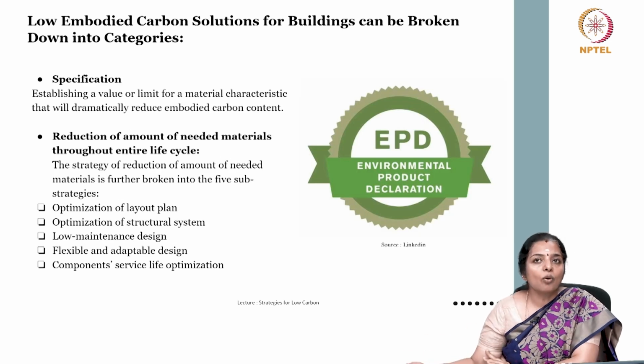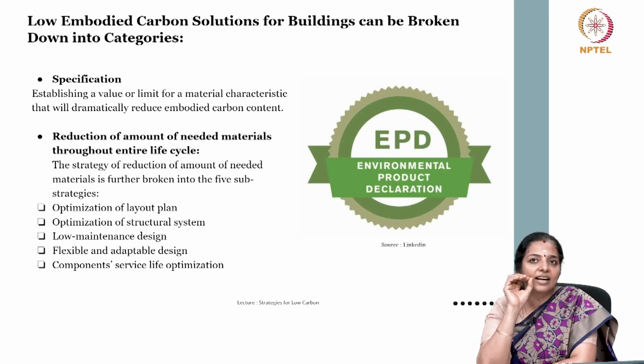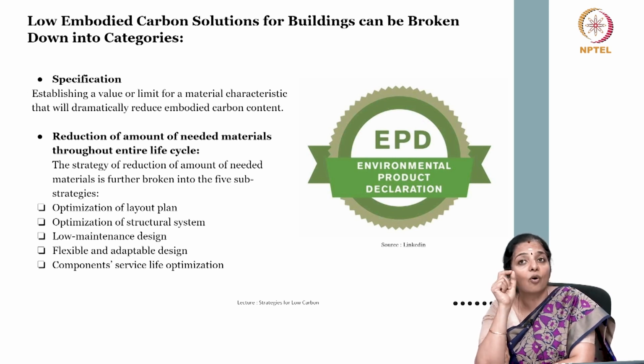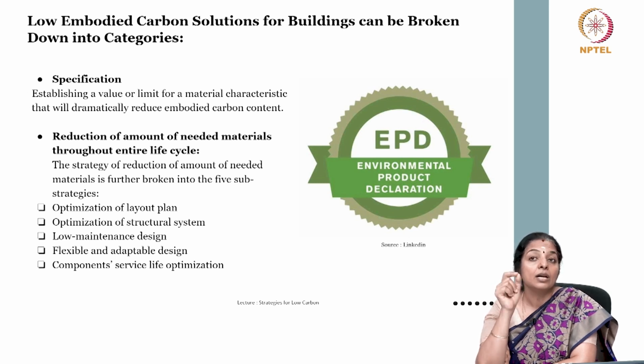Now, whole building design solutions can drive the greatest embodied carbon savings. However, material substitution and specification can also result in substantial embodied carbon savings, especially when these solutions target carbon intensive materials such as steel, concrete, glass, aluminum, plastics.